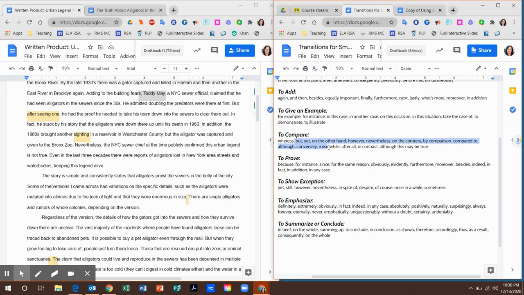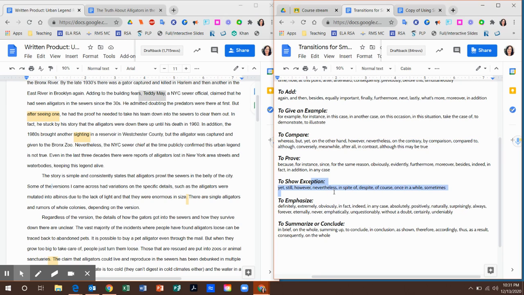And so I don't see, like, on the other hand, the story is simple and consistently states. That's not working for me. Maybe on the contrary, but that doesn't. On the contrary, I need something before that that says that the story is really elaborate and has all kinds of versions. And so that doesn't work. That's not what I'm trying to say.